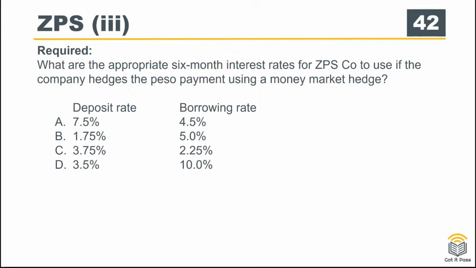The third question about this past paper, ZPS, is asking what are the appropriate 6-month interest rates for the ZPS company to use if the company hedges the peso payment using a money market hedge. Remember, in the first requirement we were asked about the forward rate hedge. Here we are asked about the money market hedge, over a 6-month period.